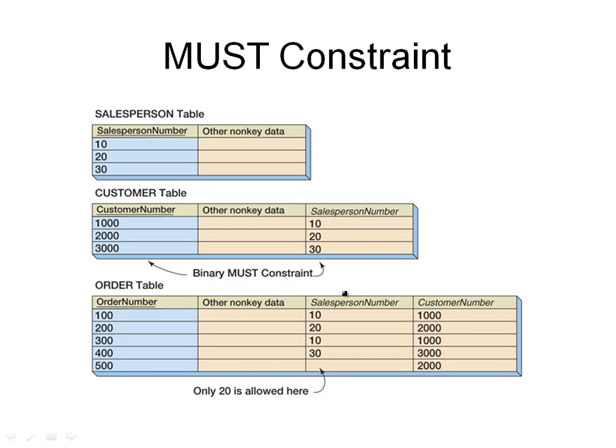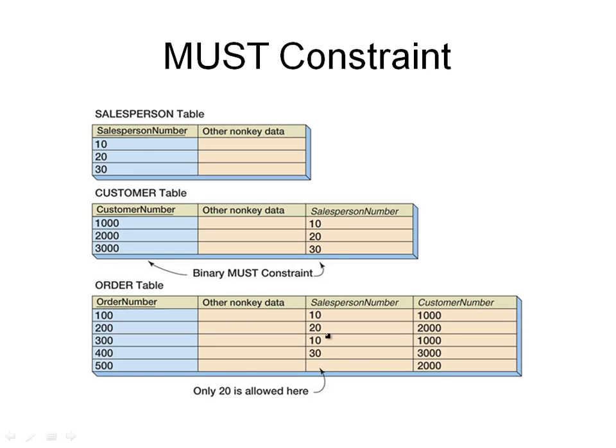This is an example of the must constraint, where we have the binary must. In this case, if you compare the salesperson, we have 10, 20, and 30, and for the customer number we have 1,000, 2,000, 3,000.